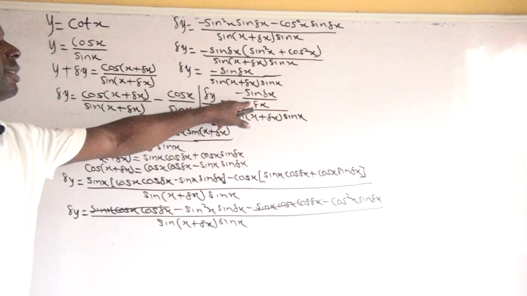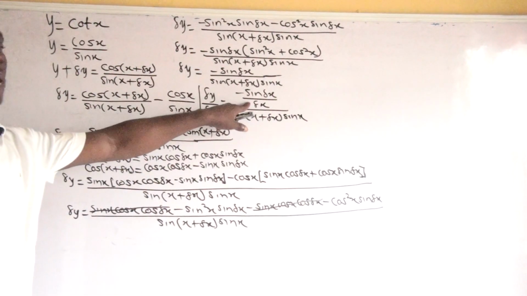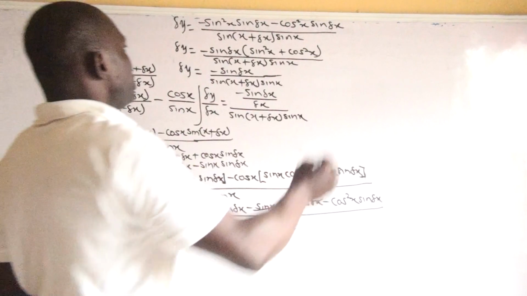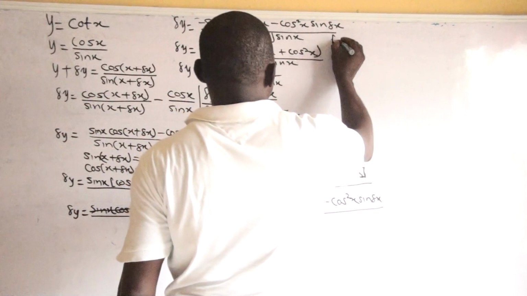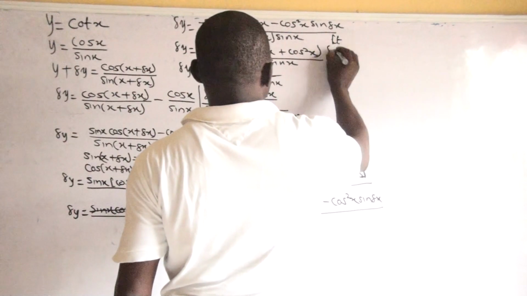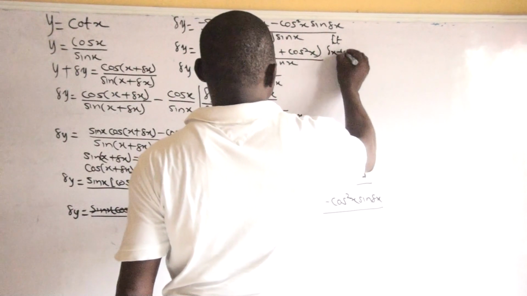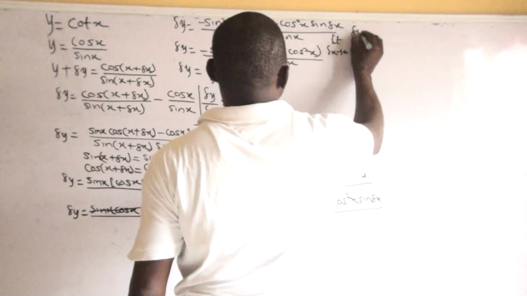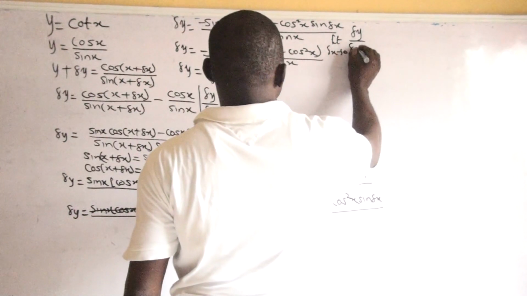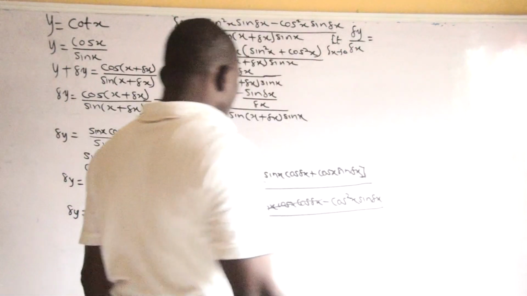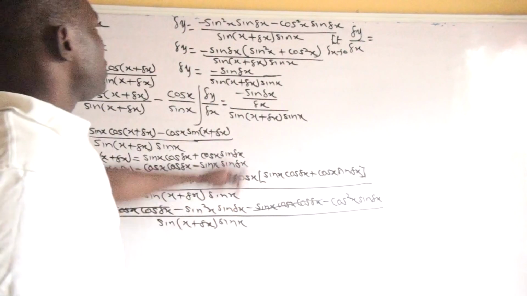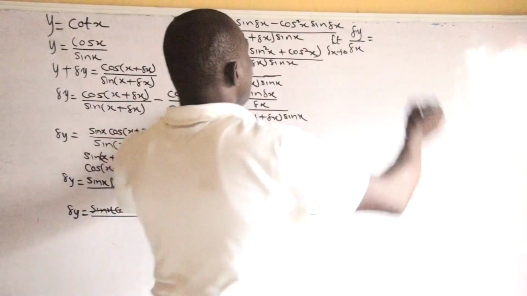It will affect this numerator alone. Then we apply the principle of limit to both sides. We say limit as delta x tends to 0, so that delta y over delta x will tend to dy dx.